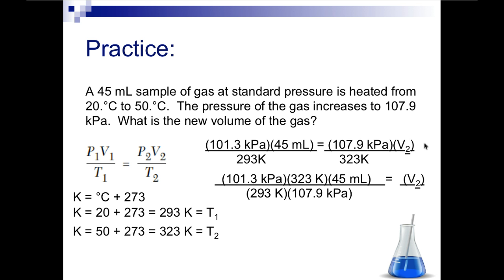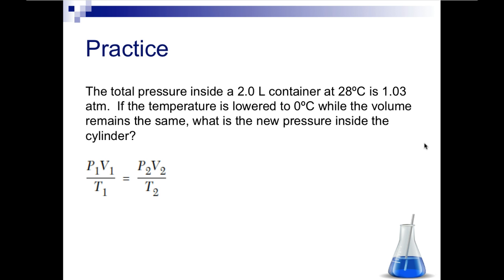Then you're going to divide that answer by, in parentheses, 293 times 107.9, end parentheses. And if you do that correctly, you should end up with 46.5 milliliters, which is good, and it's accurate because our temperature increased, so our volume should increase a little as well.